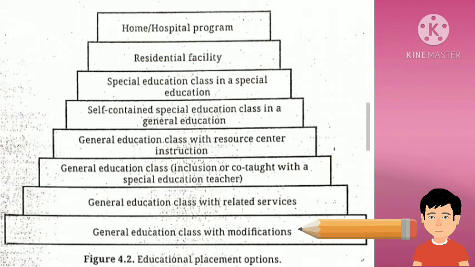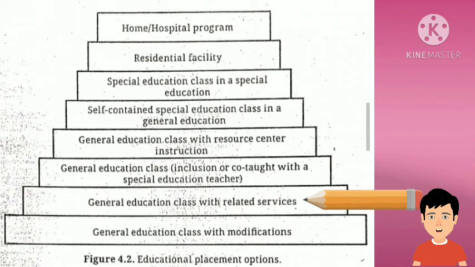Thus, it is considered the most normalized or typical setting. Additional support in the form of accommodations or changes in expectation through curriculum modification may be provided, but still within the same classroom as peers within the year level.